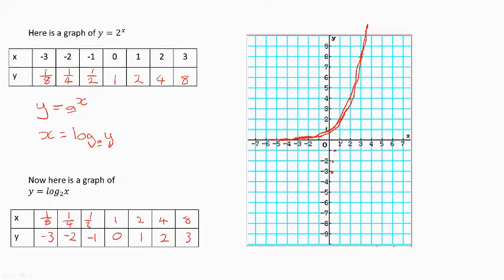When x is 1, y equals 0. When x is 2, y equals 1. When x is 4, y equals 2. And when x is 8, y equals 3, which is sort of out there somewhere. What are we going to end up with here? We've got this classic sort of curve.